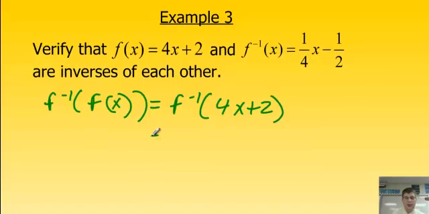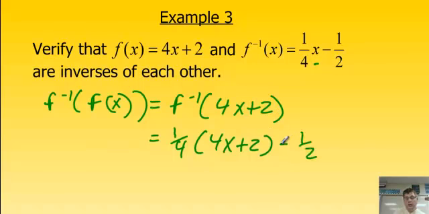So we're going to substitute this whole thing into the x here. So that's going to be 1/4 times 4x plus 2, okay, minus 1/2.